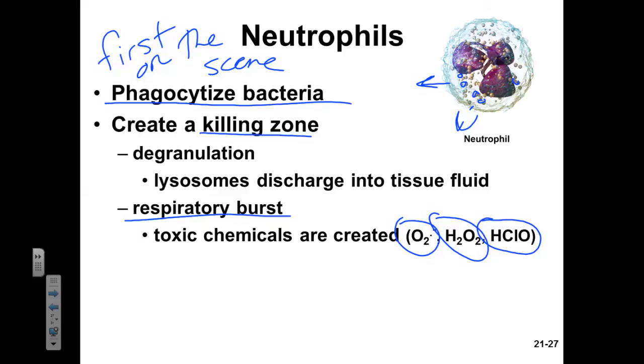And when you pop a whitehead and that pus comes shooting out, that pus is mostly dead neutrophils and dead bacteria, particularly Staphylococcus. Very common bacteria in our pimples.